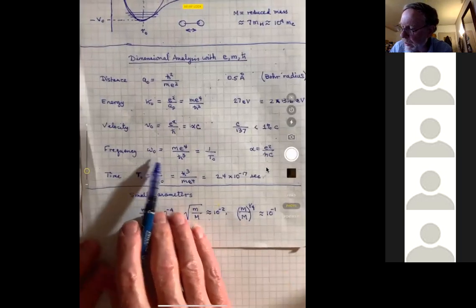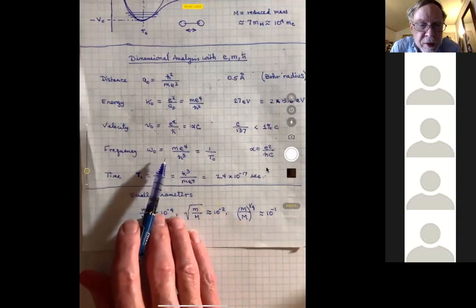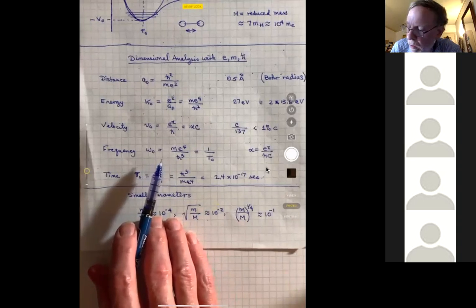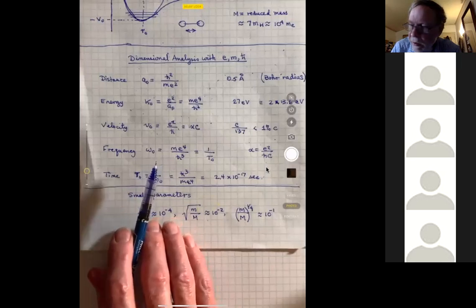That's basically the hydrogen atom frequency. Omega naught is the frequency of the orbital motion of the hydrogen atom in the ground state, as I mentioned before. It's also, as an order of magnitude, the frequency of a photon emitted in electronic transitions when you change between electronic eigenstates.